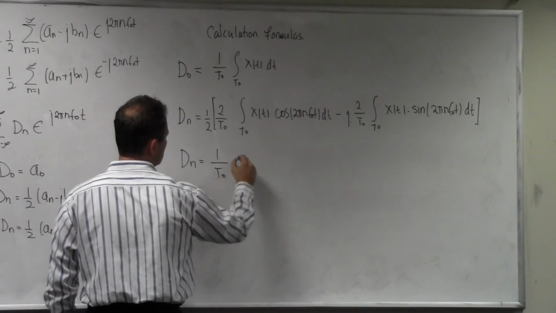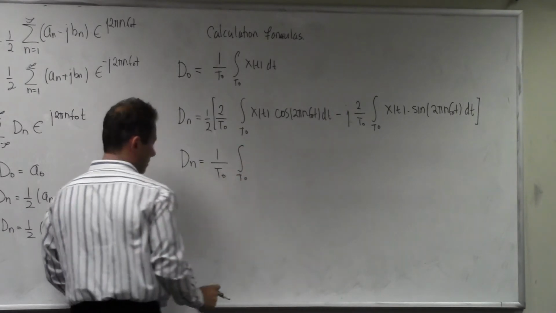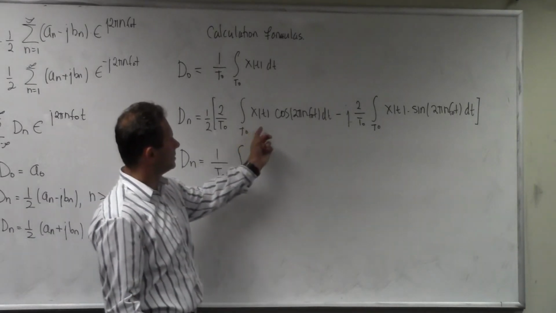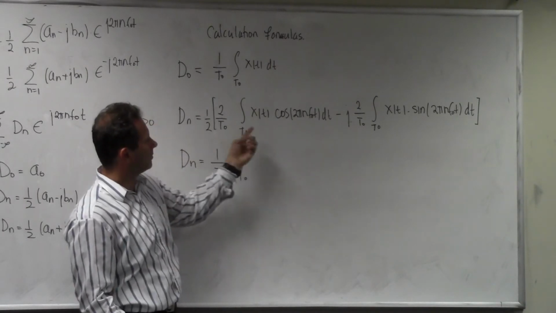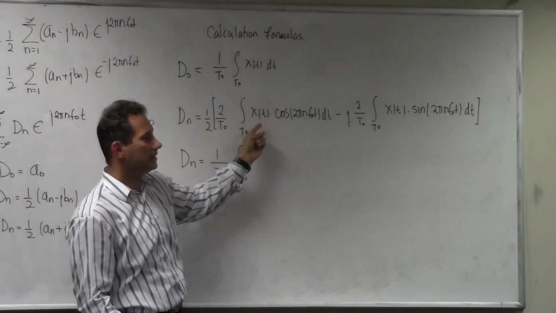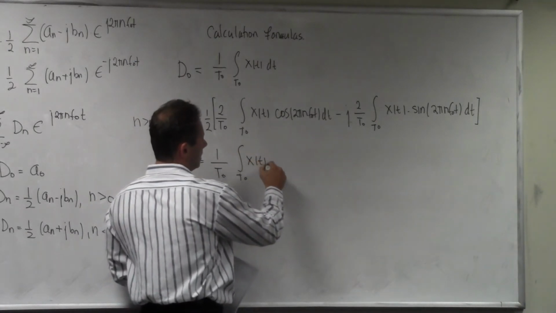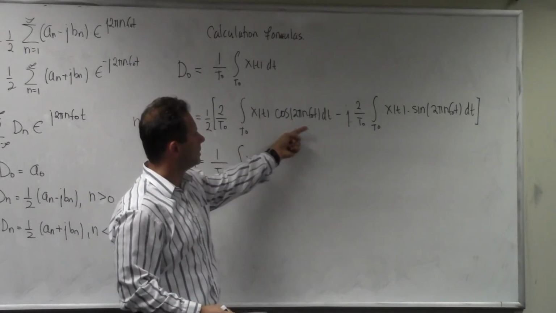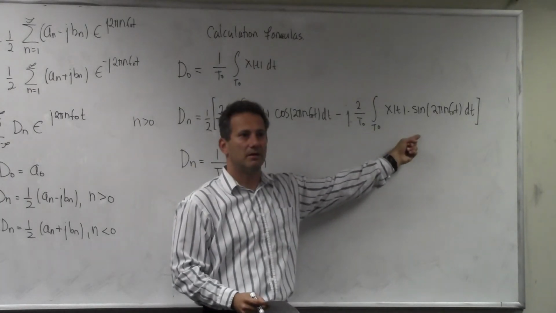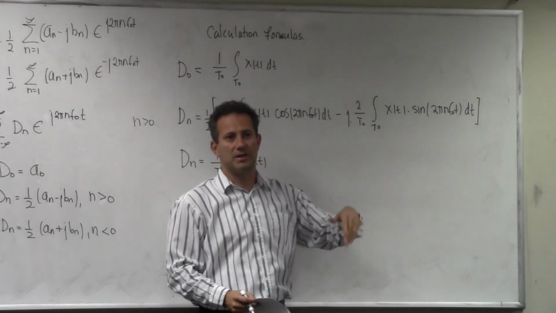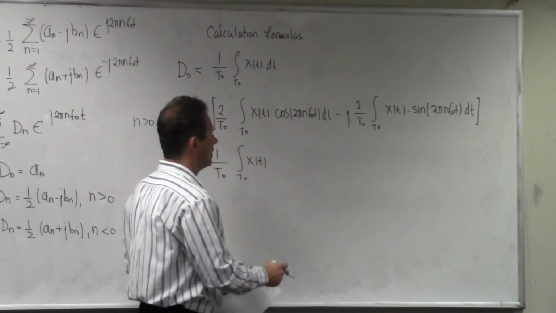So I have 1 over T0, integral over T0. And let me not write everything; we're good enough at this point, we can do a lot of it in our heads. x of t comes here as a common factor. And then you have cosine of this minus j sine. And you can see cosine minus j sine is e to the minus whatever is the argument.